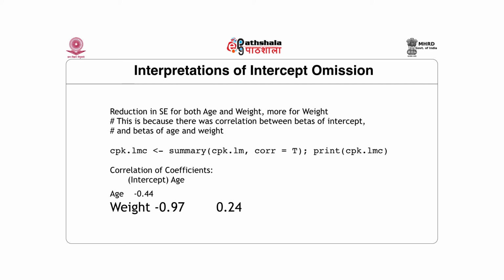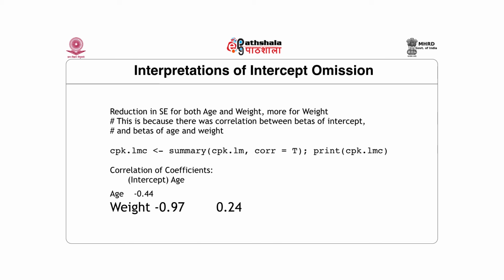And then there is a correlation between the weight and the age, which we don't understand why it's not negative. But you can see that there is a relationship between weight and the intercept betas. That tells you that when you take out the intercept term, the standard error shrinks a lot, because the variability shrinks, particularly for the weight variable, which has a higher correlation with the intercept.